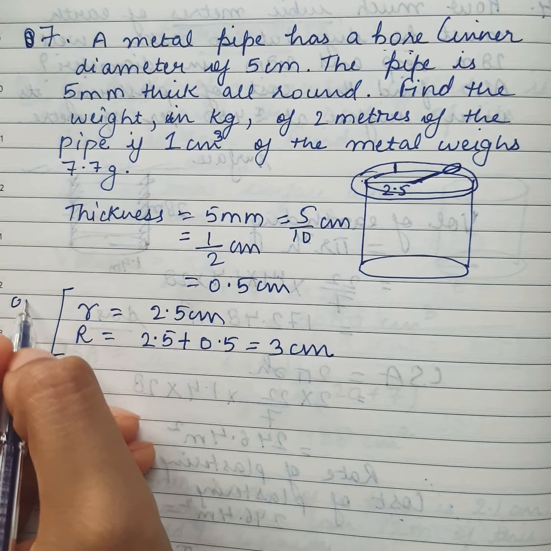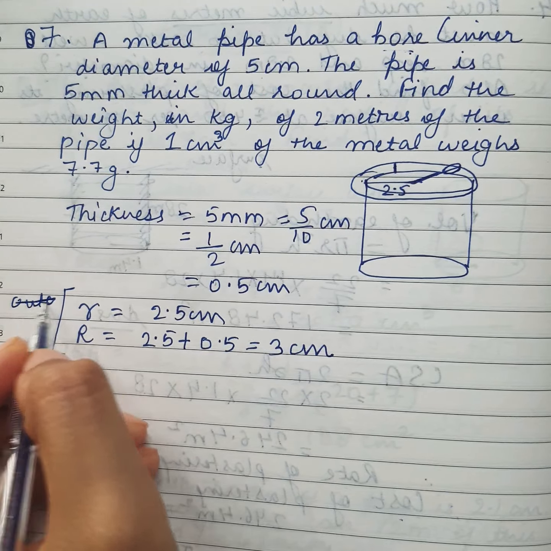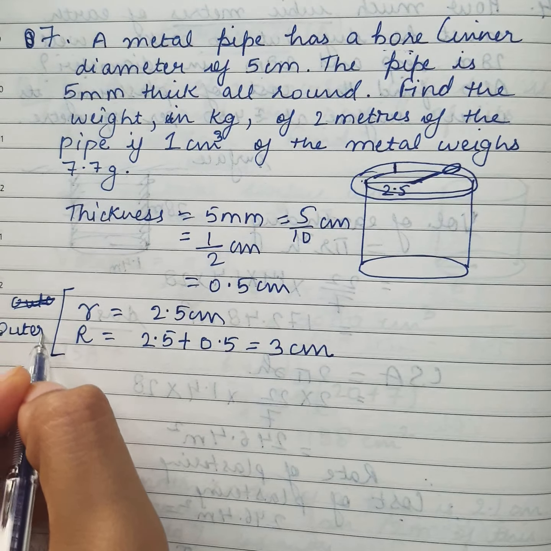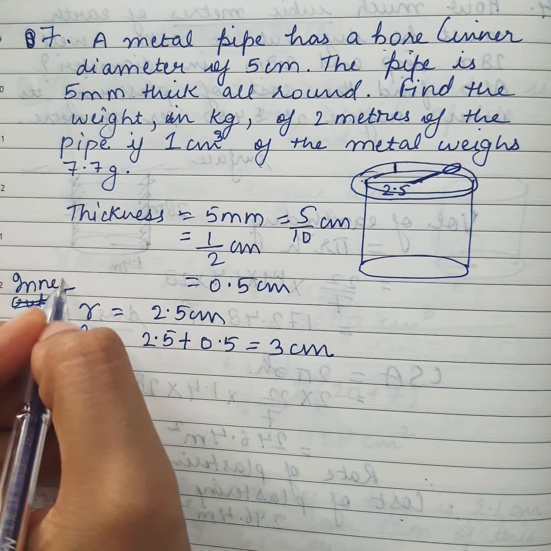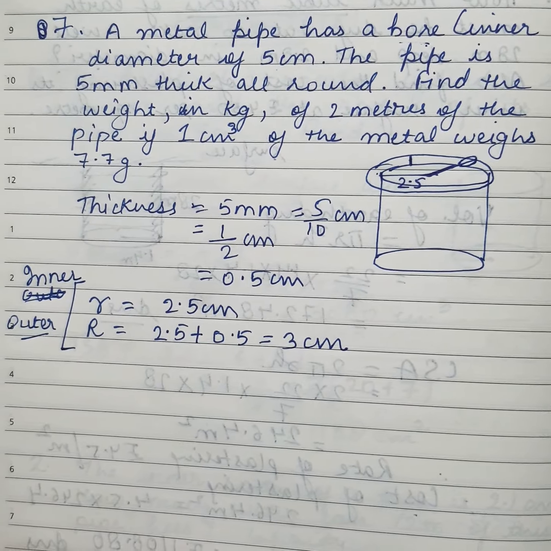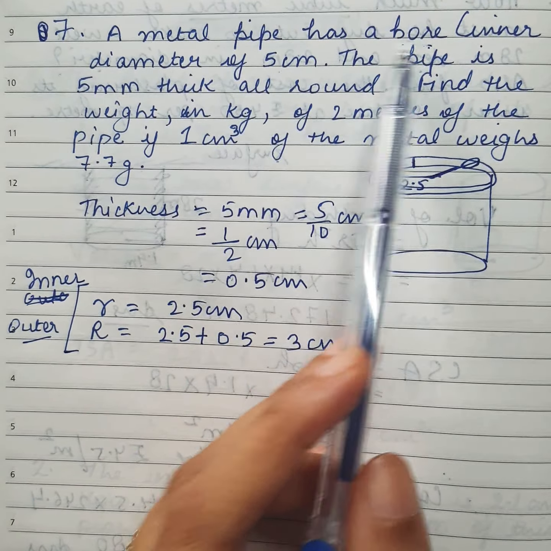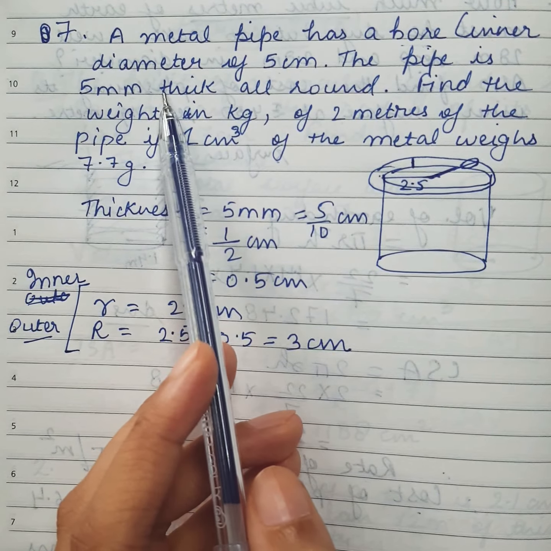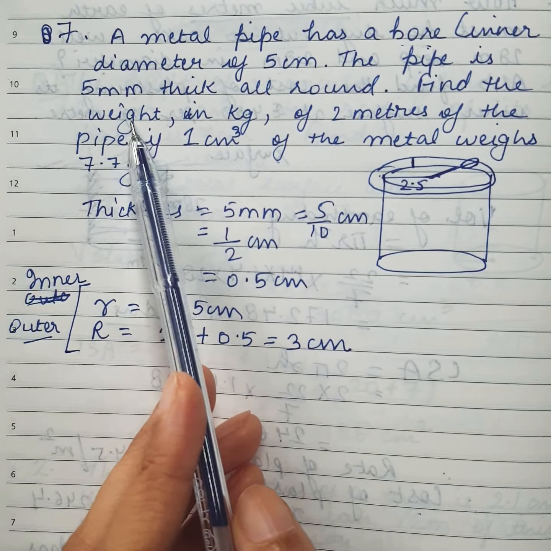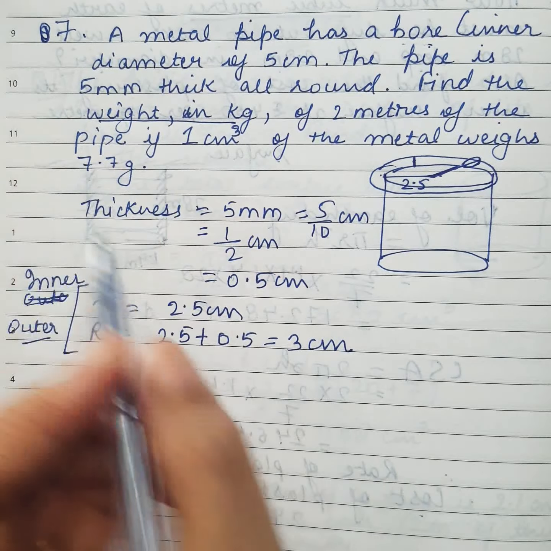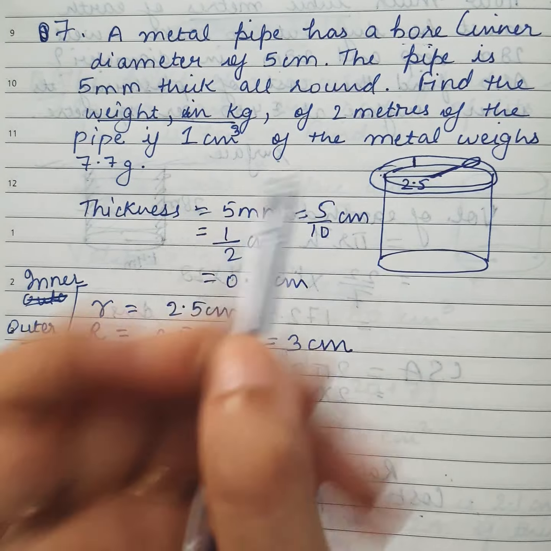Outer radius is this, and this is the inner radius. Now let us read it further. We are done with the radius. A metal pipe has inner diameter, pipe thickness all around. Find the weight in kilograms of 2 meters of the pipe.